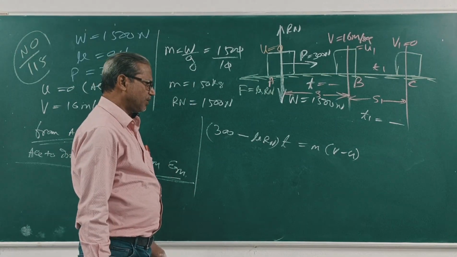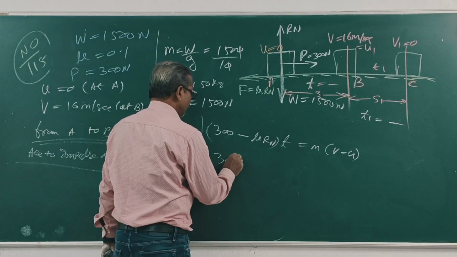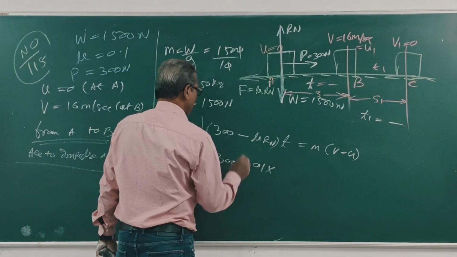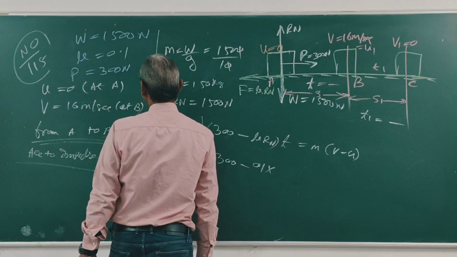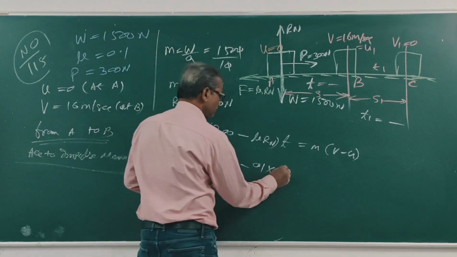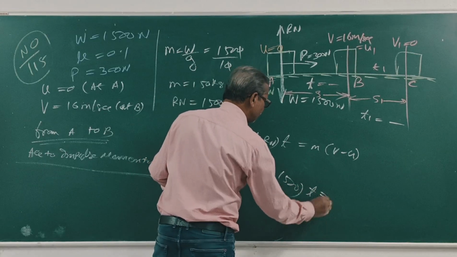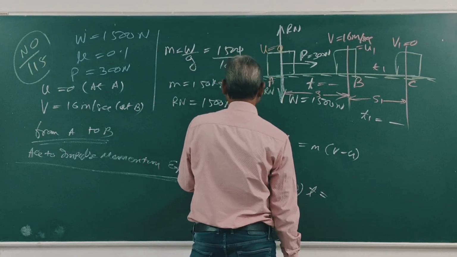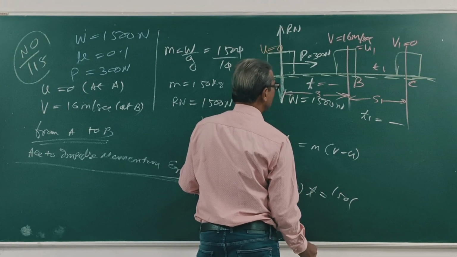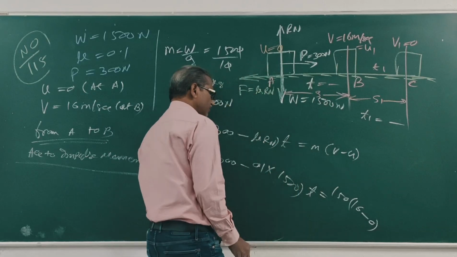So 300 minus mu, which is 0.1, what is Rn? 1500, into t is equal to m, what is m? 150, into v minus u, 60 minus 0. What is t?